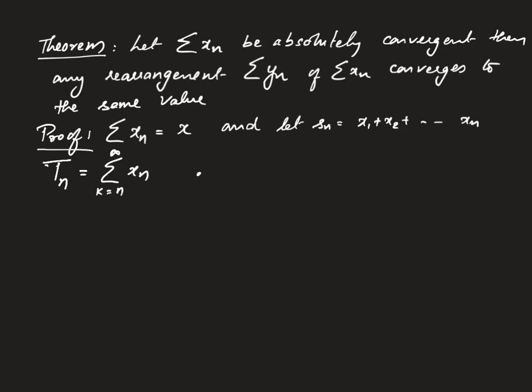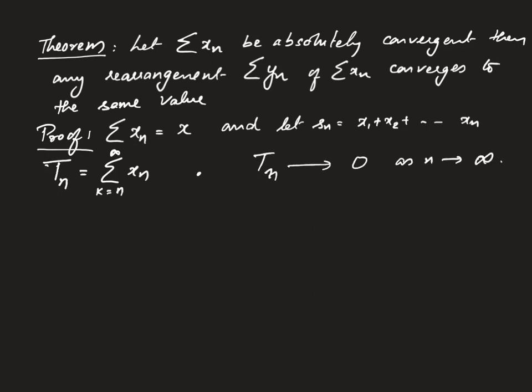Okay. So we know that the partial sums are getting closer and closer to the total value of the series. Because of that, the tail has to get smaller and smaller, and hence Tn has to converge to 0 as n tends to infinity.